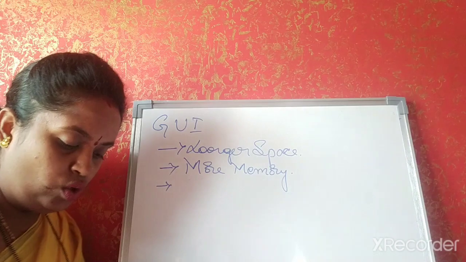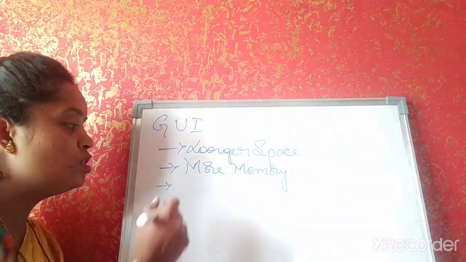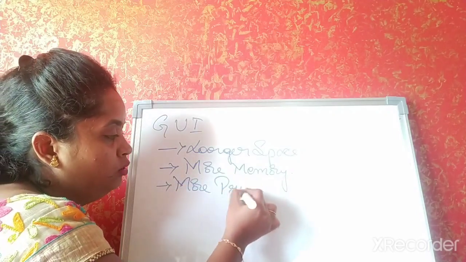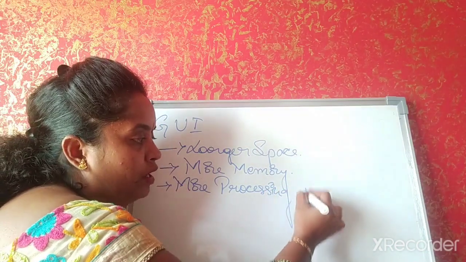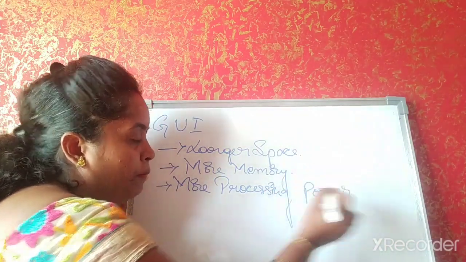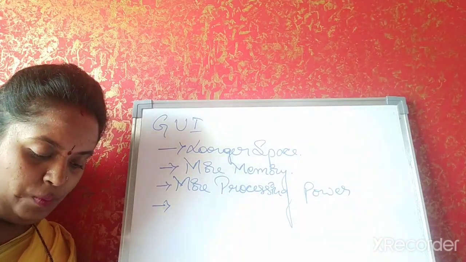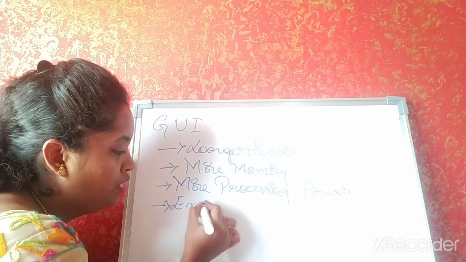Next one, they use more processing power than other types of interface. More processing power. Next one, most of the GUI based operating systems are expensive. So they are expensive.